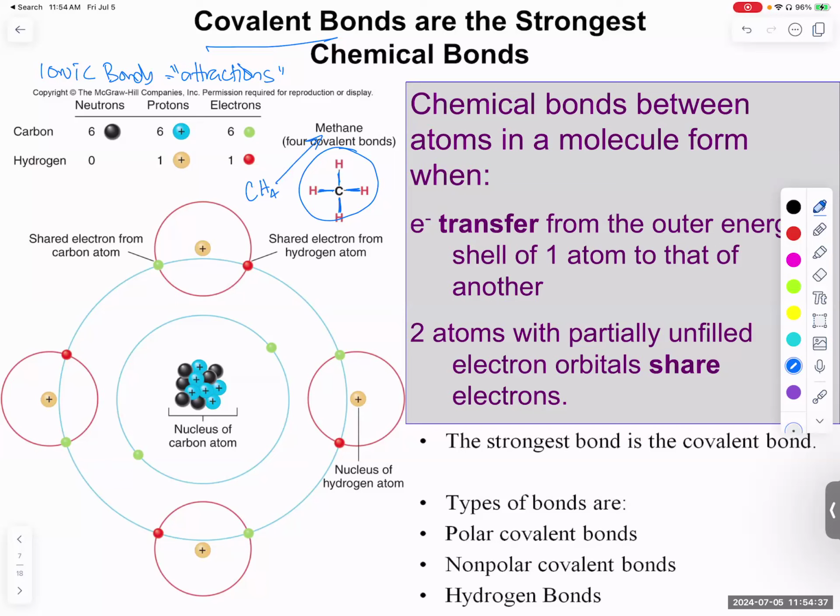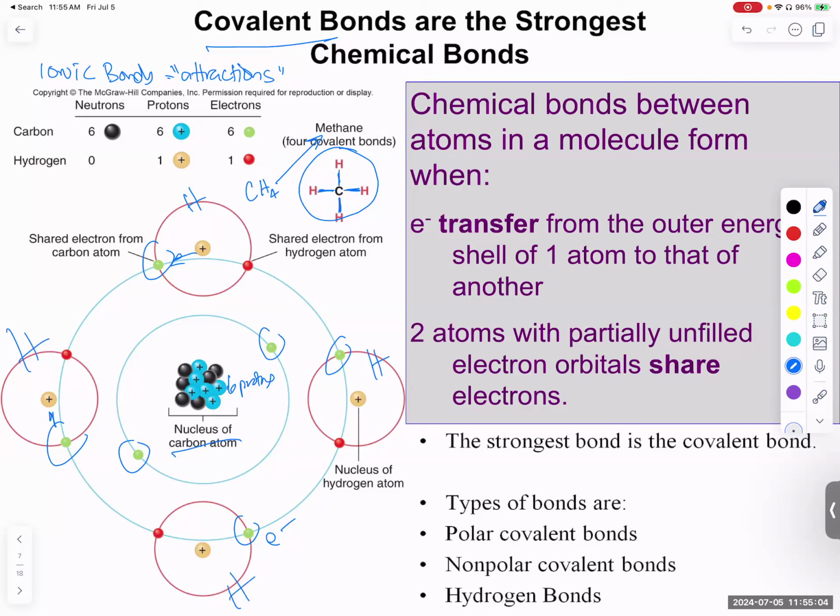And so it's kind of showing you, here's the carbon, right? You have the 6 protons, and then you have 1, 2, 3, 4, 5, 6 electrons. And each one of those electrons in the outer shell are going to then bond with the proton of the hydrogen. And so each one of these is going to be a hydrogen out here.